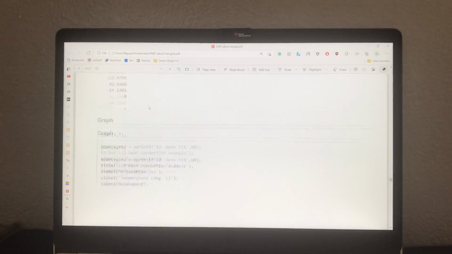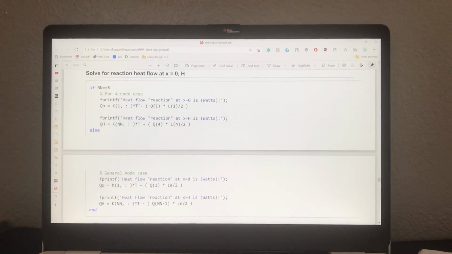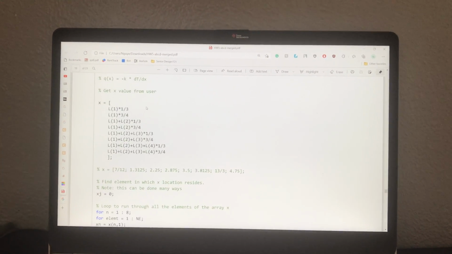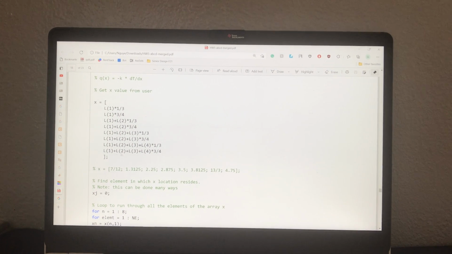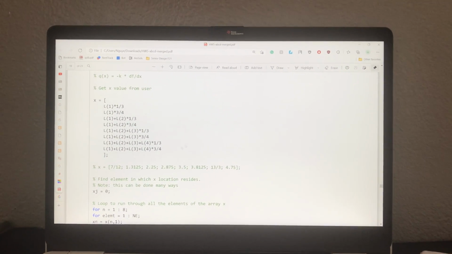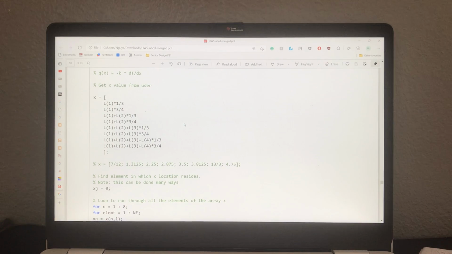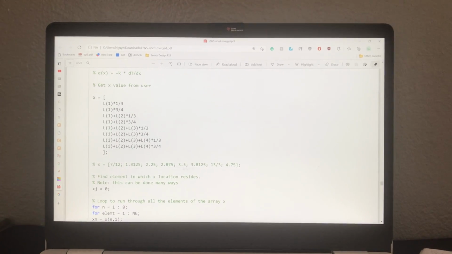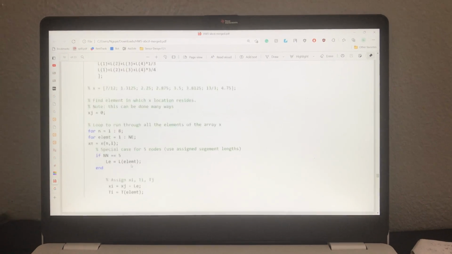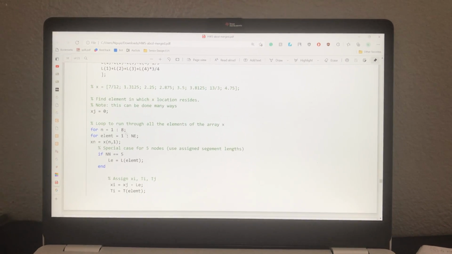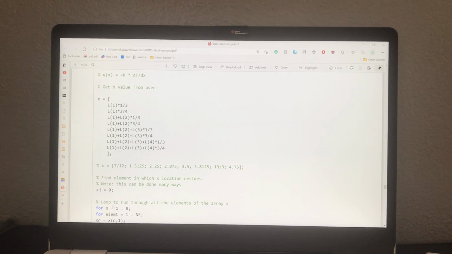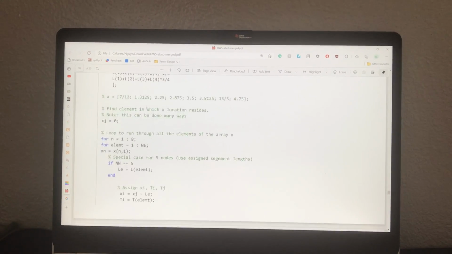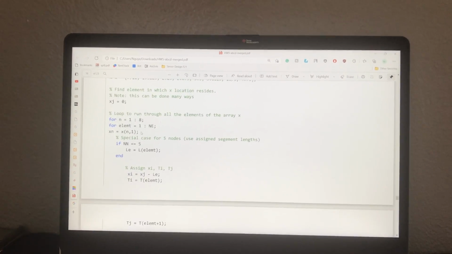What we changed for G is that, instead of inputting x, we have an array of the nodal points that we want, and as you can see, these are what it is translated into. Then we run n from 1 to 8, basically just to loop it and pull out each x element.